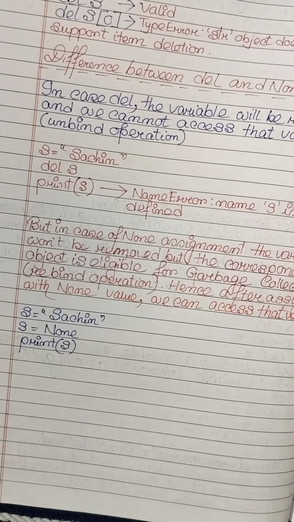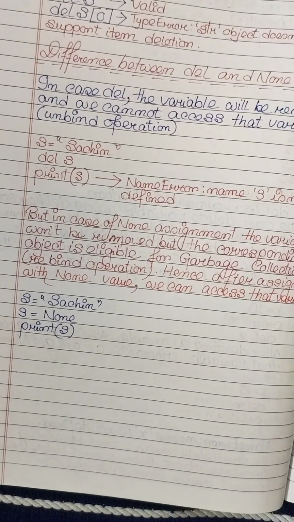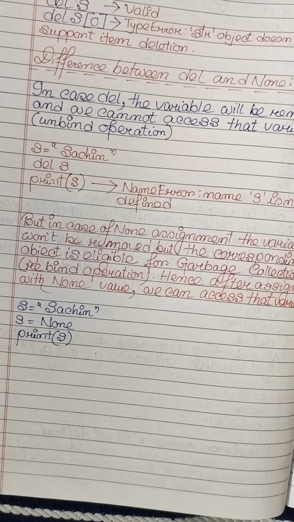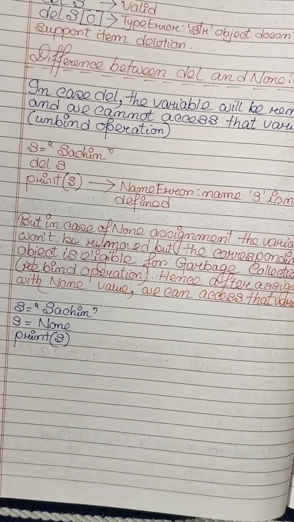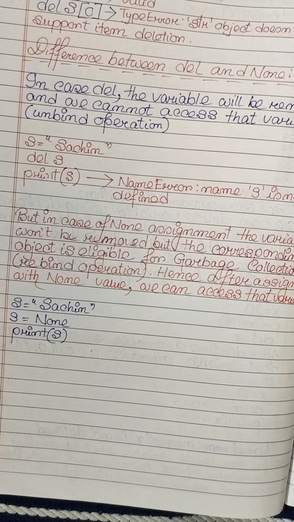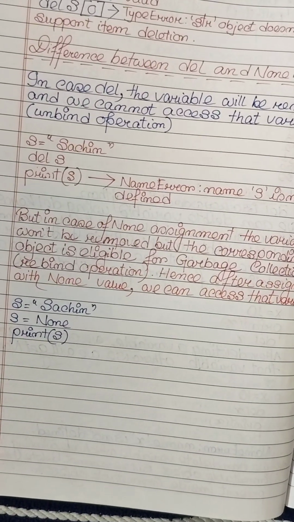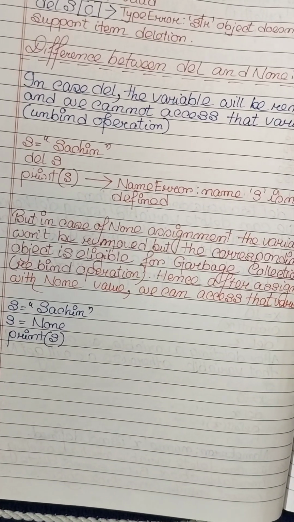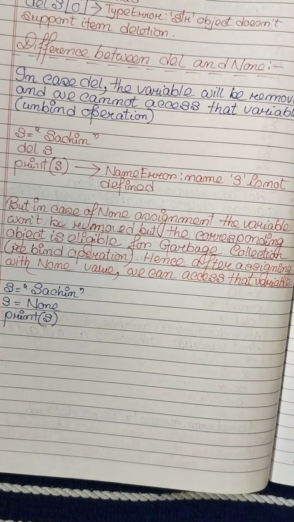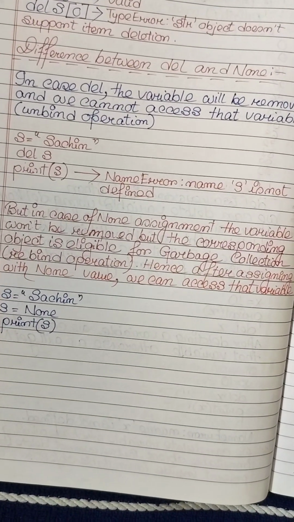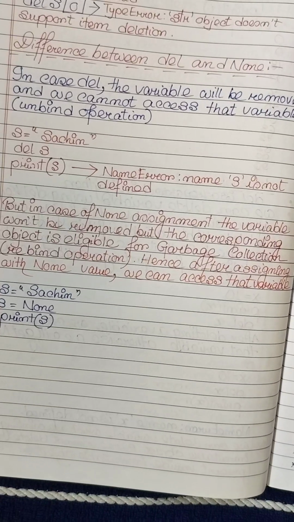But in case of none assignment, the variable won't be removed, but the corresponding object is eligible for garbage collection. That is called a rebind operation. Hence, after assigning none, we can still access that variable.